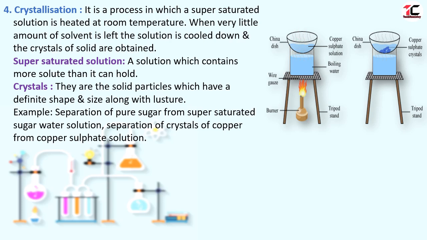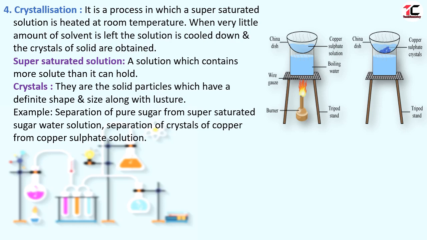Water will evaporate, and a time will come when little amount of solvent will be left, and when it is left for cooling, we will get the crystals of copper sulfate. The blue crystals of copper sulfate is obtained by this method.